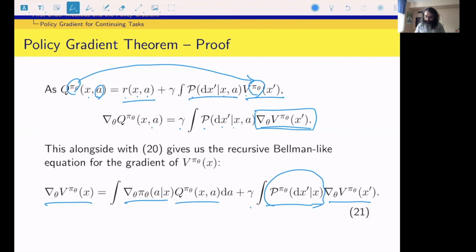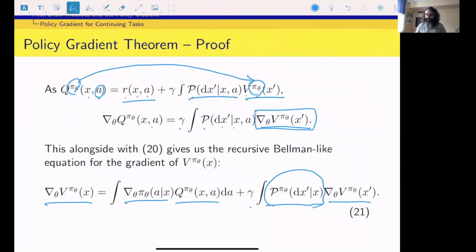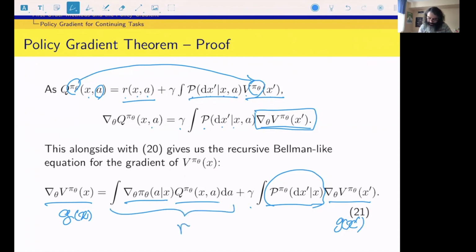Okay, yes, that's fine. This is interesting because this is like a Bellman equation, but for gradients. Consider the left-hand side as a gradient and the right-hand side as a gradient, and this term is like a reward, but let's call it a function of theta and q.